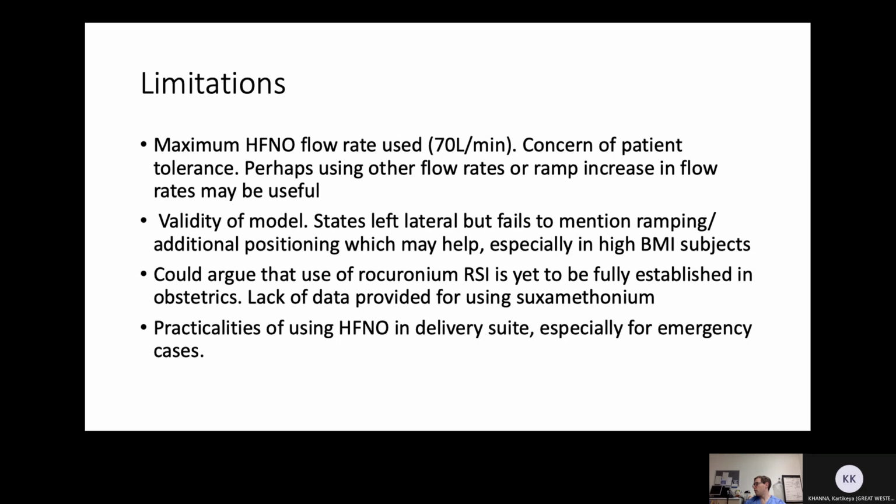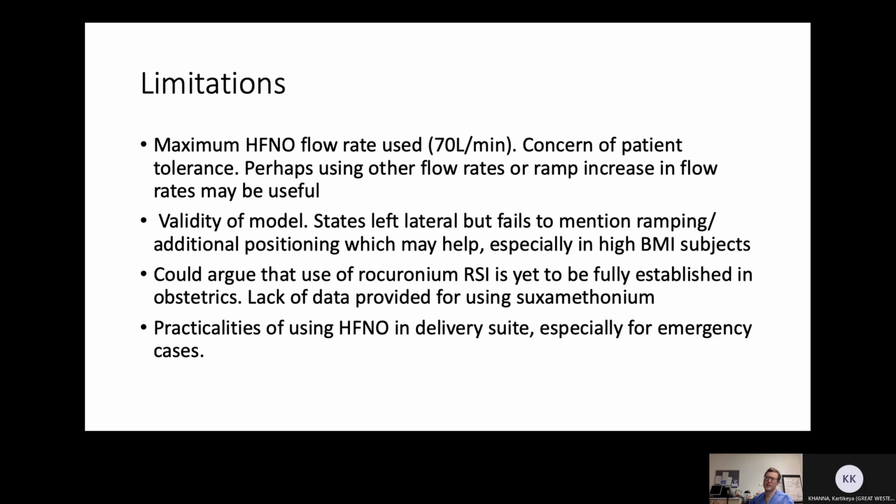So my gut instinct is I always give 2 full syringes of sux pretty much if I'm doing an RSI in obstetrics. And I seem to be an outlier in that I draw it up in a bigger syringe rather than just the normal 2 ml syringe, to reinforce for me that I know that I'm going to give a bigger dose. But I don't know, you can take it with a pinch of salt if you want.